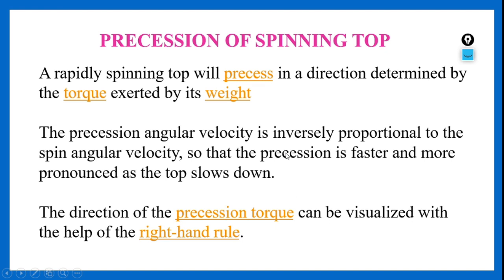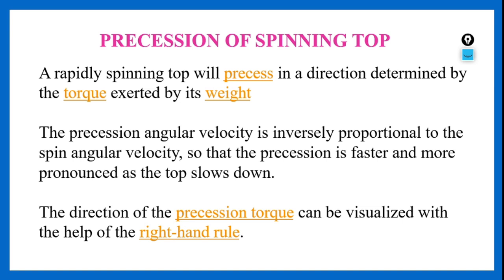If I say it like this, you don't understand anything, so I'll show you visually in later slides so that you will understand the difference between spinning and precession. Or else we can also define that the axis about which the direction of rotation of the body precesses is called the axis of precession.